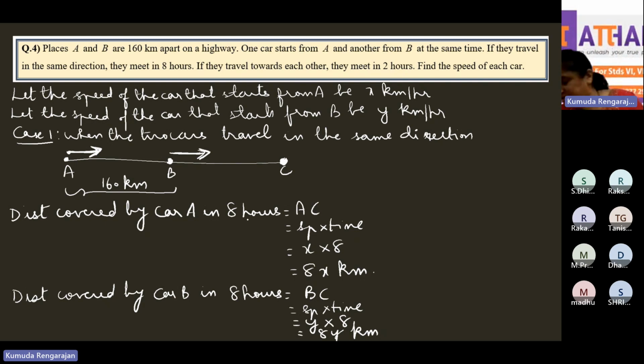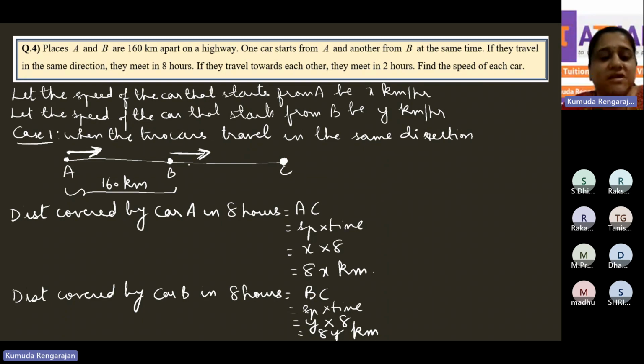That's nothing but AC, the line segment AC, because the car starts from A and at the end of 8 hours, it's at C. So AC is the distance covered by car A in 8 hours. And how do you find distance? Speed into time. The speed is x, the time is 8. So 8x kilometers.